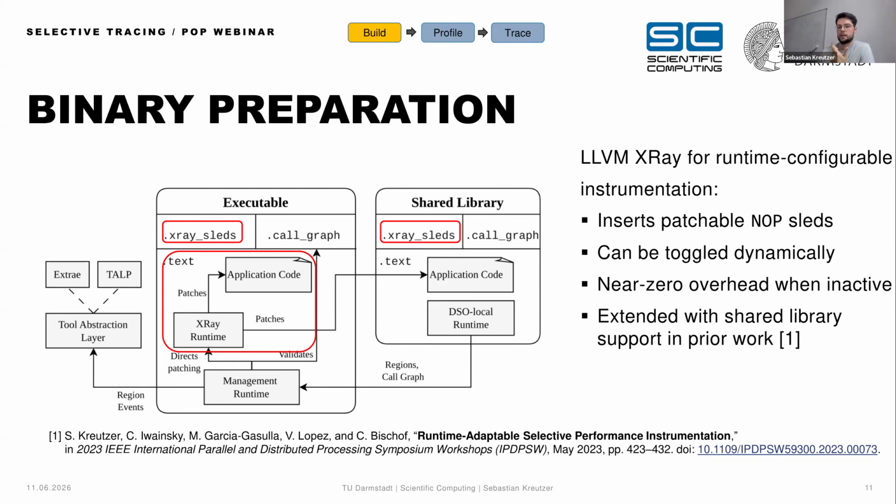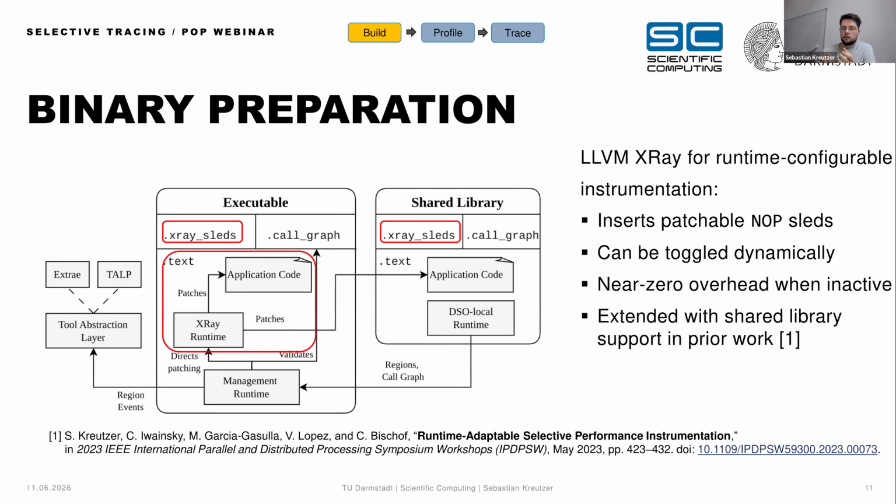So at runtime, if I decide I want to measure a specific region, I can tell the X-ray system to patch this specific instrumentation probe, and it will insert a profiling call at the respective point by overriding the instructions there. And the advantage of the system is that there's near zero overhead, or not really measurable overhead, when inactive. So you can have a full instrumentation, but measure nothing without any overhead.